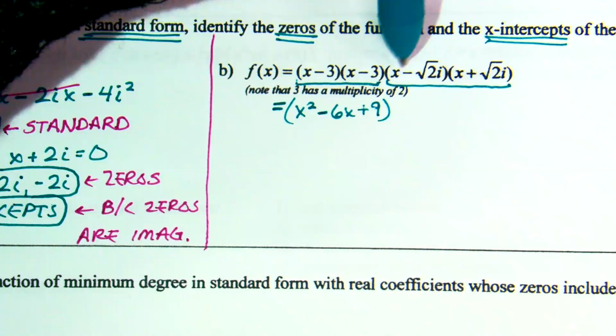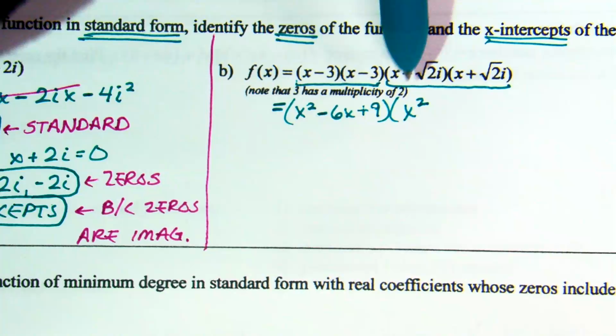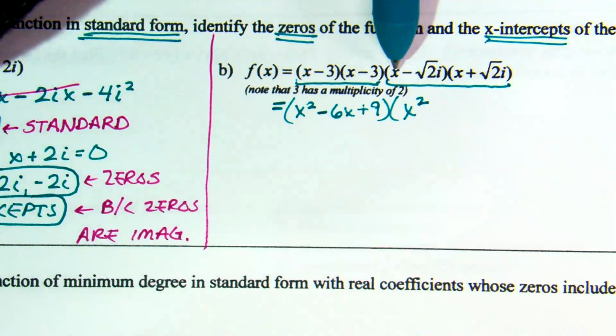Now, let's look at the next two. X times x is x squared. Okay, what about my outsides? Go ahead and say it. They cancel. Okay, yep, let's get that out there.